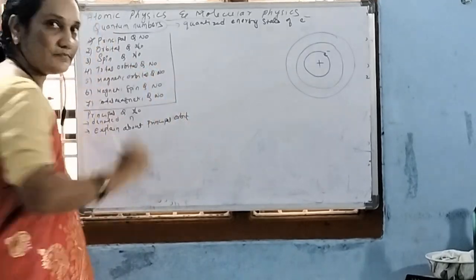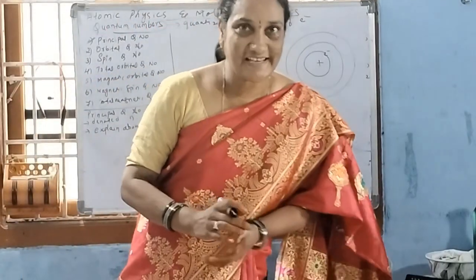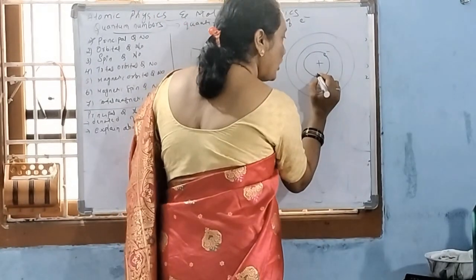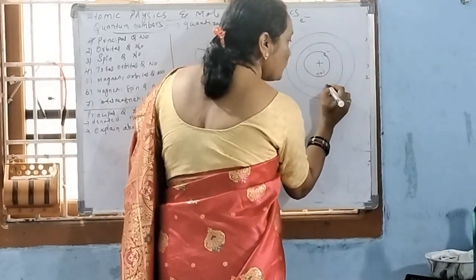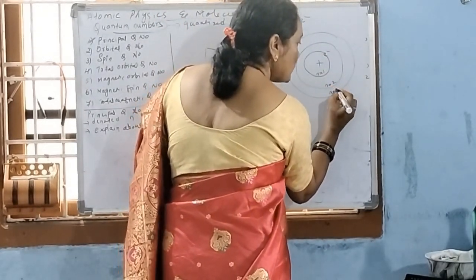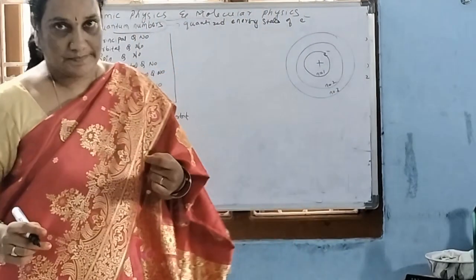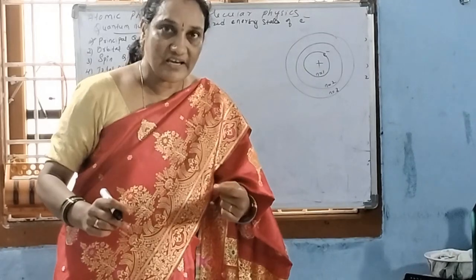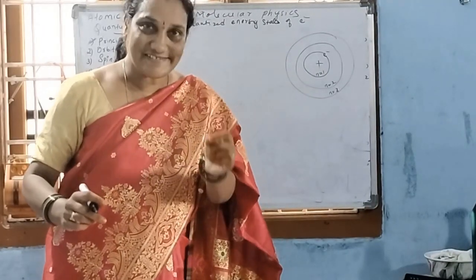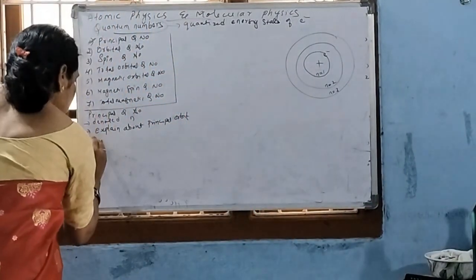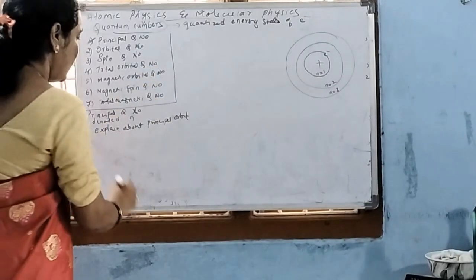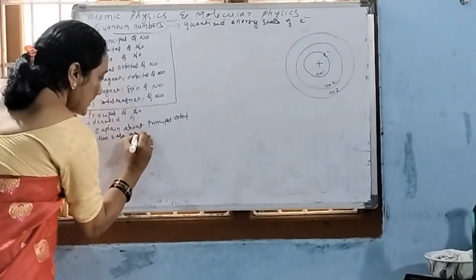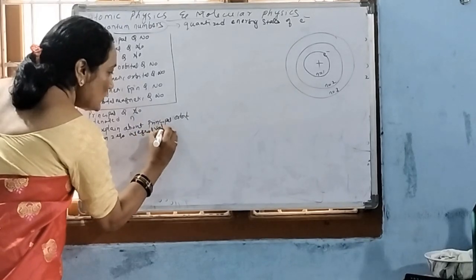Now, according to Bohr's theory, Bohr named these principal orbits n equal to 1, n equal to 2, n equal to 3, and so on. These principal orbits have non-zero integral values.